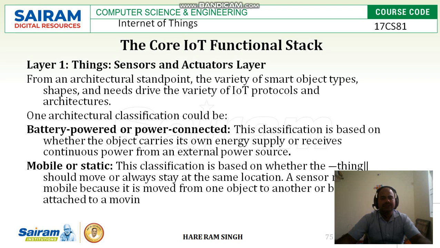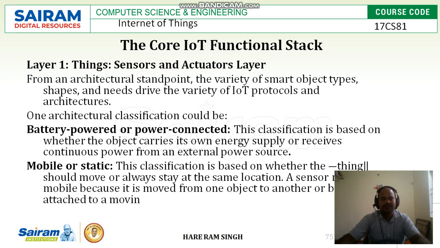Another thing, like a computer or washing machine, refrigerator, AC, will be connected with an external power source. So whatever things are added to the IoT network can be divided into either battery powered or power connected directly from an external power source.